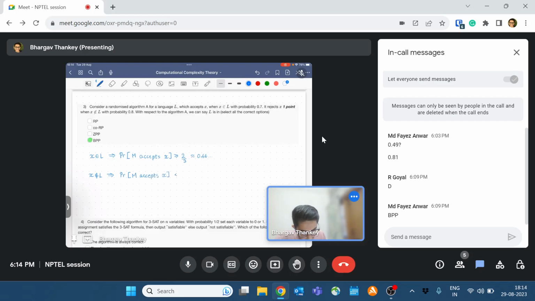Is less than or equal to 1/3, and this implies that... okay, so this is what we get, right?